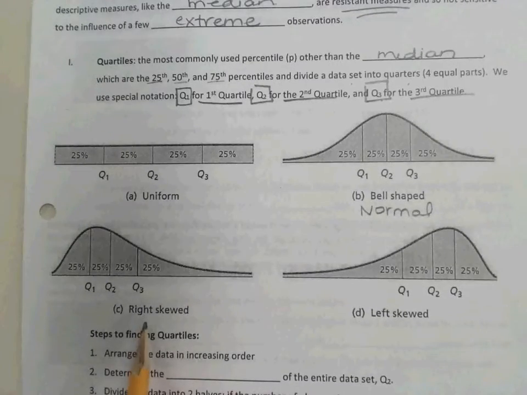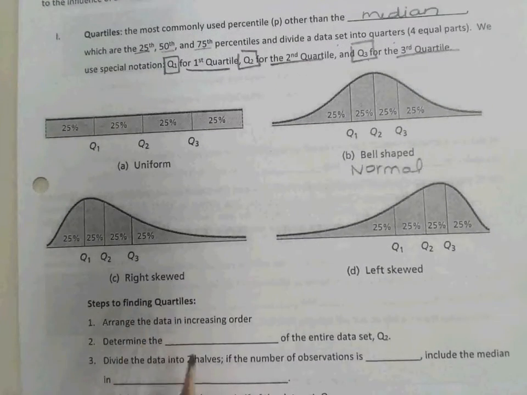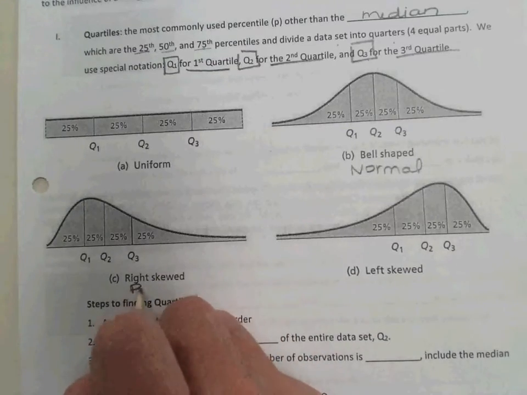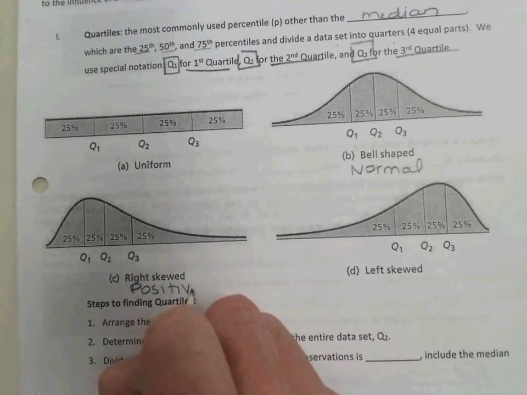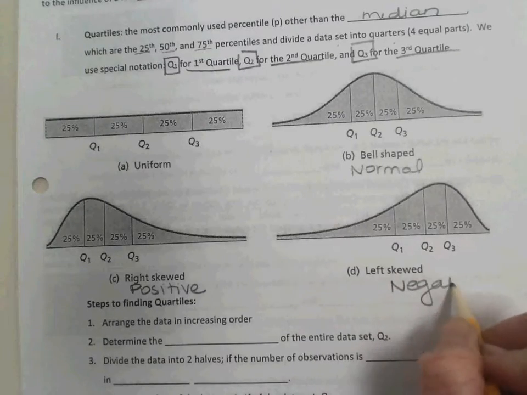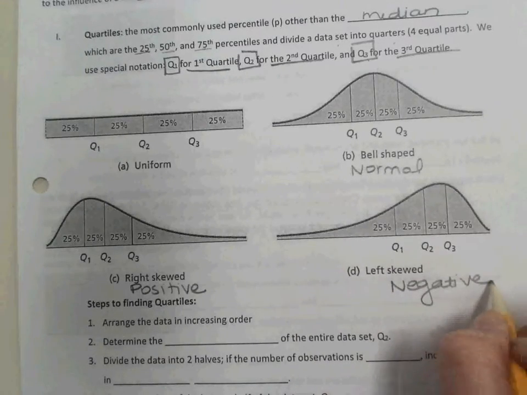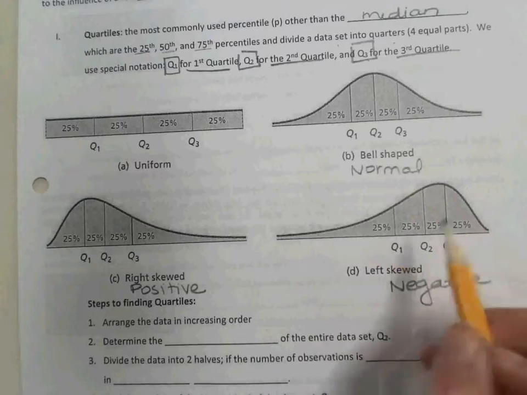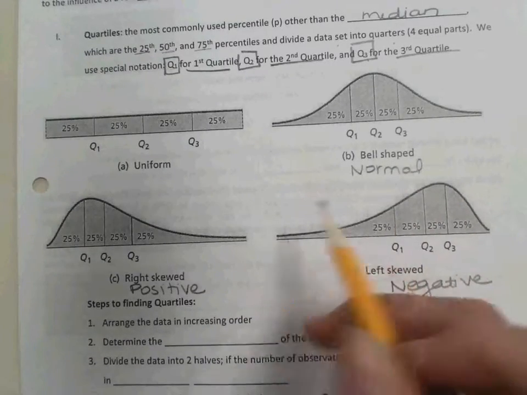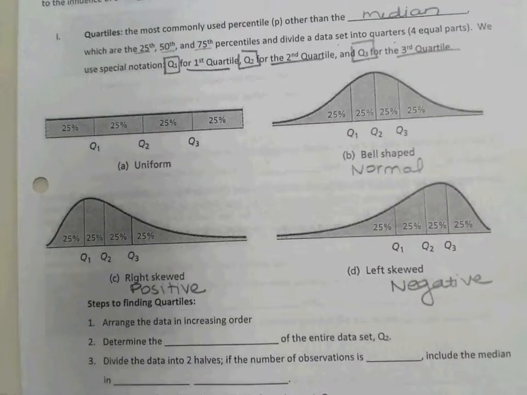And then we have right skewed, also known as positive, and left skewed or negative. So you have most of your data here, and then there's this tail on the left side because you have maybe an outlier out there.